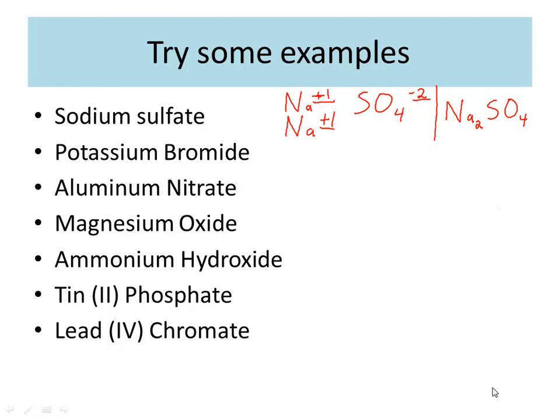I'm going to go over aluminum nitrate, guys. So aluminum is Al +3. Nitrate is NO3 -1. So you guys should easily be able to do this. Do they cancel out? No. So what do I need more of?